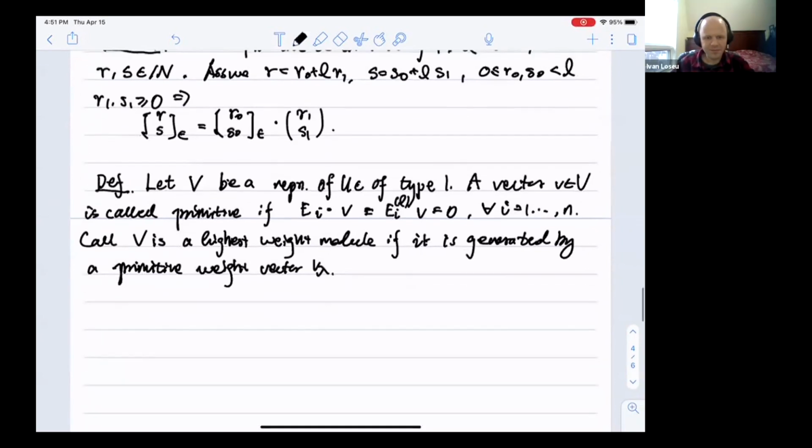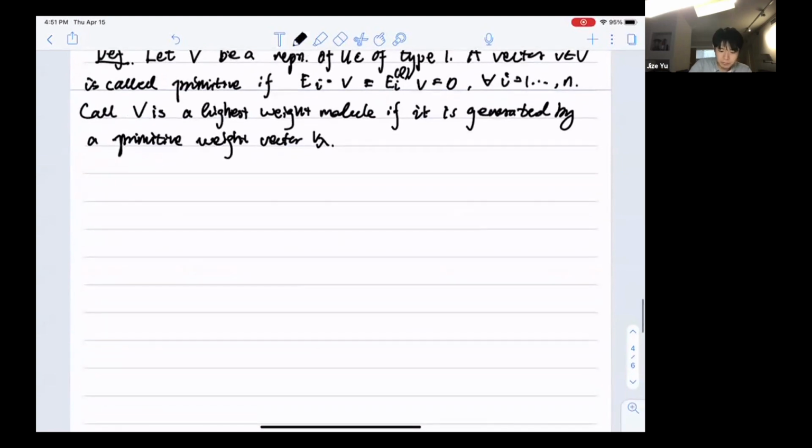So let's talk a little bit about the structure of a highest weight module.